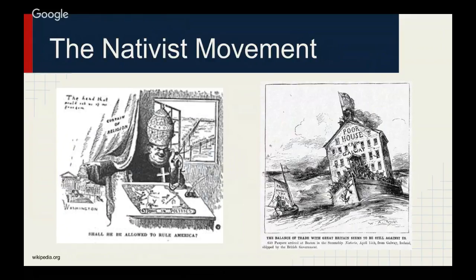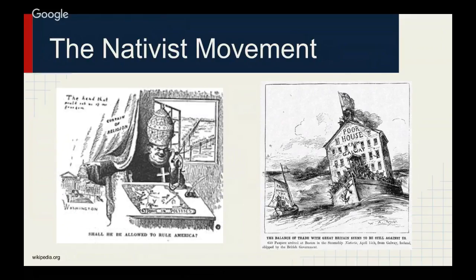Because of introducing the crop of potatoes to the Irish during the era of the Columbian Exchange, then becoming incredibly dependent upon it, and then with the blight of the potato crop in the early 1840s, the Irish are essentially starving and seeking opportunities to leave Ireland, and the United States provides that opportunity.